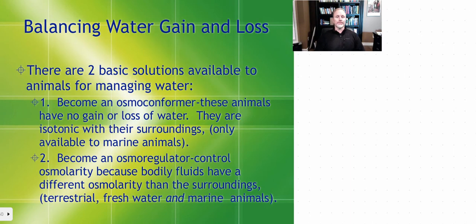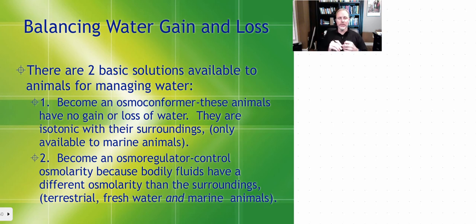Okay, so there are two basic solutions to the problem of managing your water loss. You can either become an osmoconformer, and that's where you're going to have no net gain or loss of water. You're just going to become isotonic or isoosmotic with your surroundings. And this is only available to marine animals, those that live in the ocean.